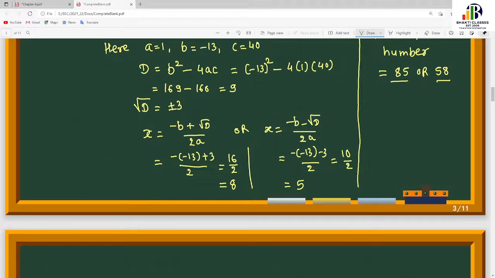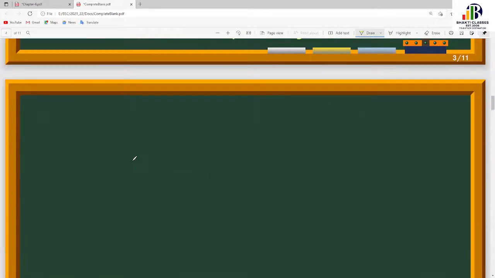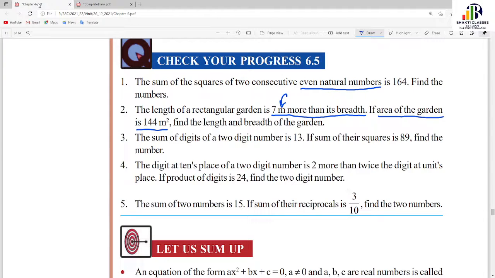Okay. So we are proceeding to the next question, that is question number 4. The digit at tens place of a two-digit number is 2 more than twice the digit at units place.